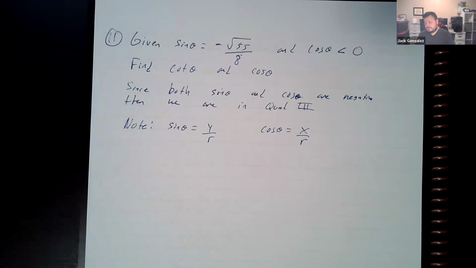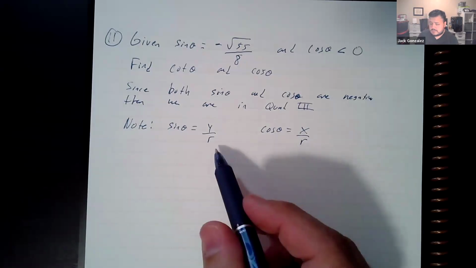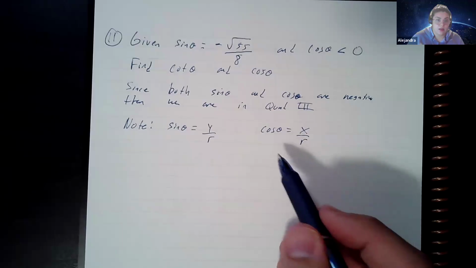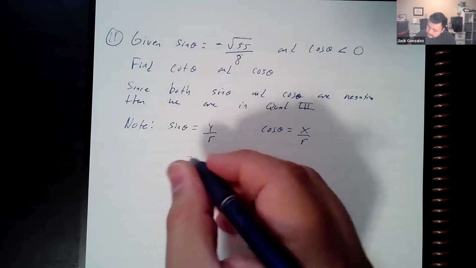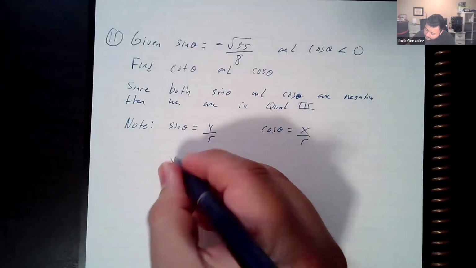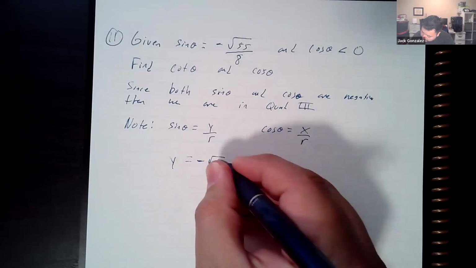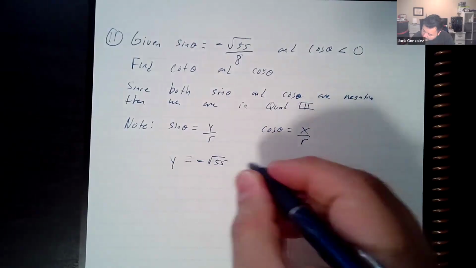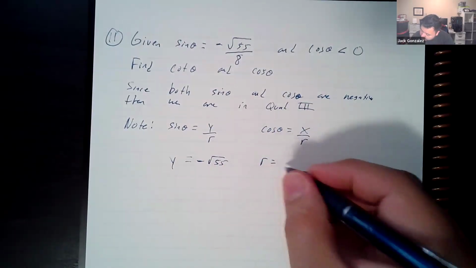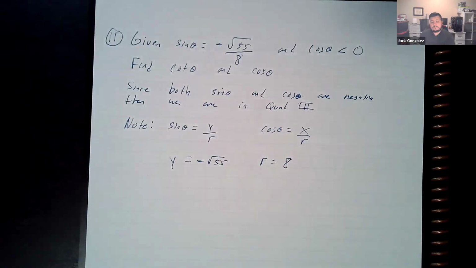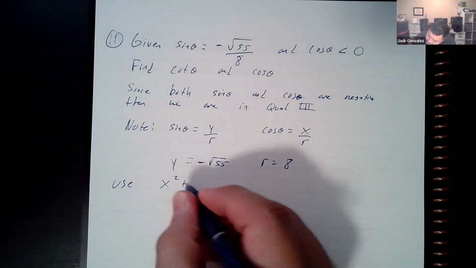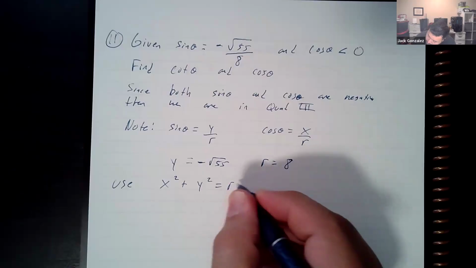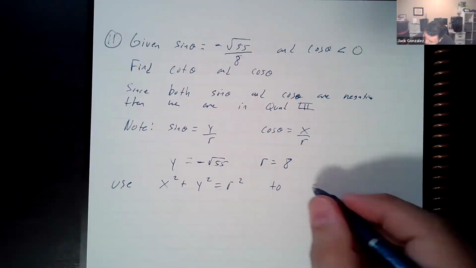But we also have a radius since we're not saying it's a unit circle. So this means that y is negative root 55 and r is 8. So we have to solve for x. So use the formula to find x.